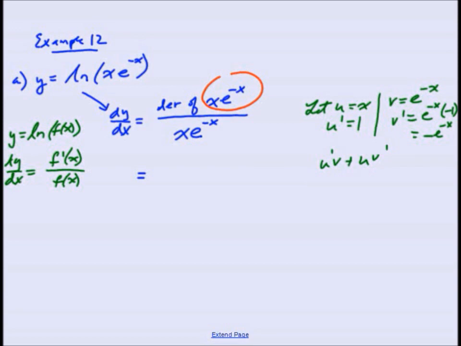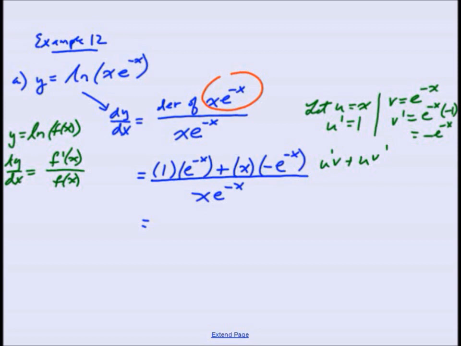Okay, so u dash is 1, v is e to the power of negative x, plus, this is the product rule, so it's plus u, which is x, and v dash, which is negative e to the negative x, all over x e to the negative x.